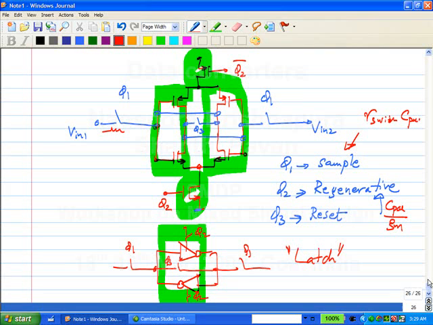But we saw that if the reset phase phi 3 is not there, then when the input was large in one cycle and becomes small and of the opposite polarity in the next phase, you will almost always make an error, because the memory from the past has not been cleared adequately. So the voltage sampled on these two nodes is in error, which means that you make a wrong decision. Does that make sense? Okay, so I'll stop here.